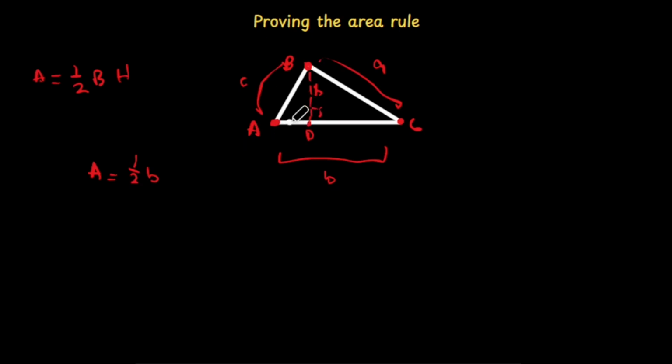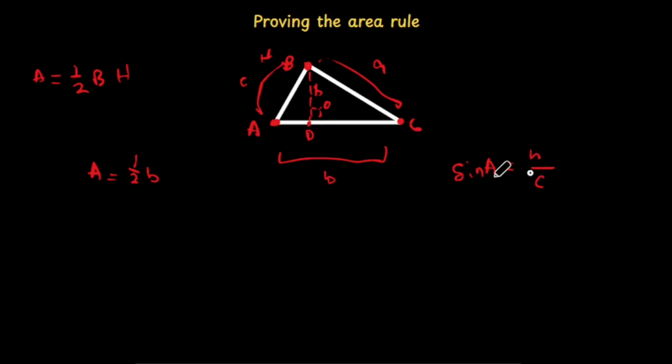If we are using corner A as a reference, this height over here, and let's say we want to use a value that we already have, so I'm going to use the hypotenuse of this triangle, which would be side c. I'm going to apply sine, because sine is opposite over hypotenuse. So sine A, because that is the angle that I'm working with, is equal to opposite, which is H, over hypotenuse, which is c. Now let me solve for H, because H is what I'm looking for.